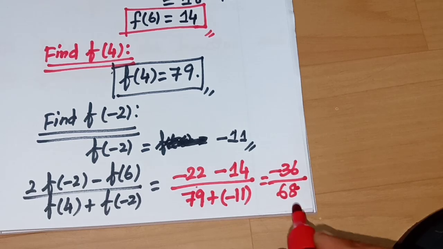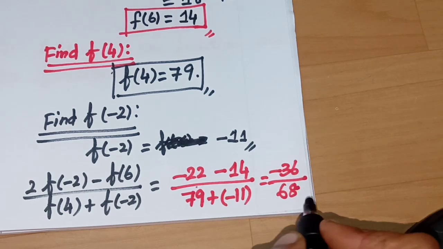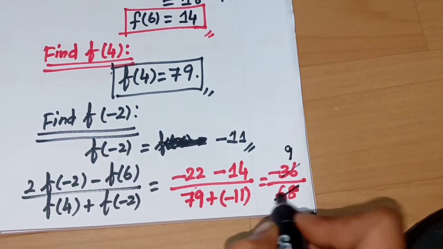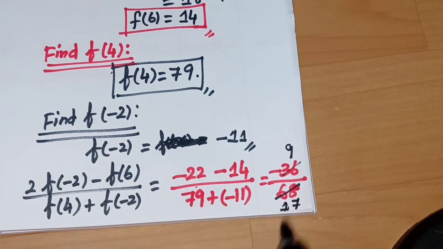Minus 36 by 68. Cancel the values, divided by 4. 9 4s are 36, 17 4s are 68. This is the final answer.